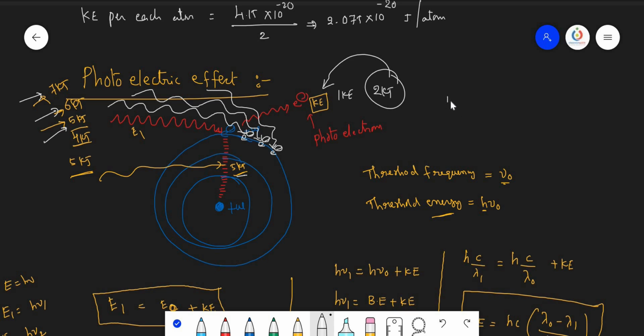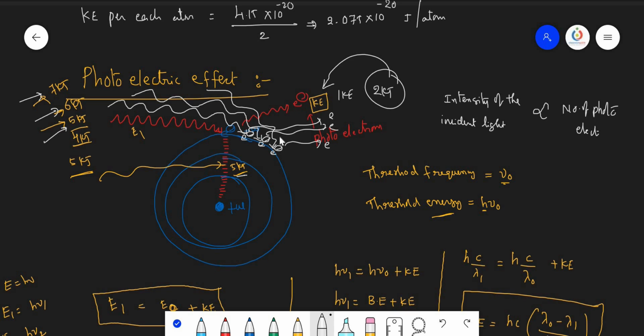So when the intensity of the incident radiation, incident light, increases, it will remove more electrons. So the intensity of incident light is directly proportional to the number of photoelectrons.